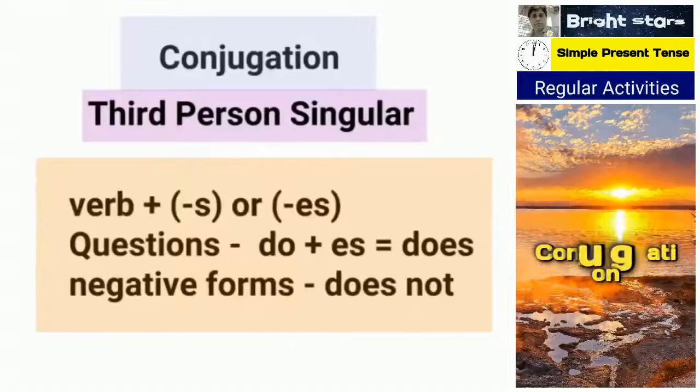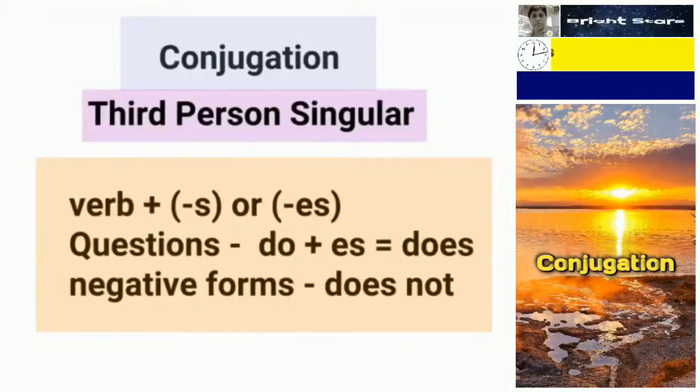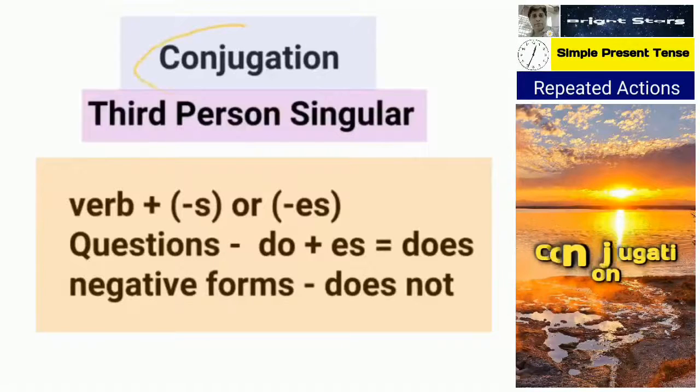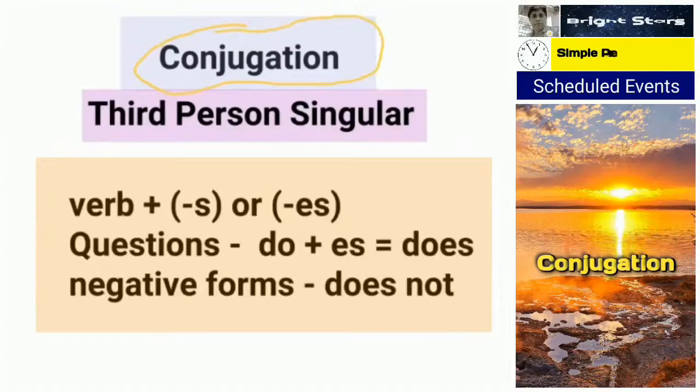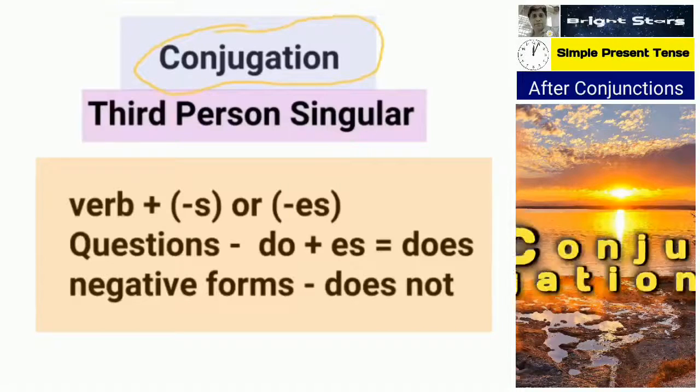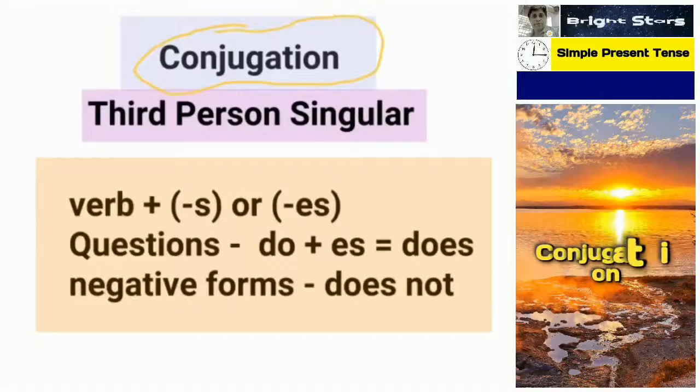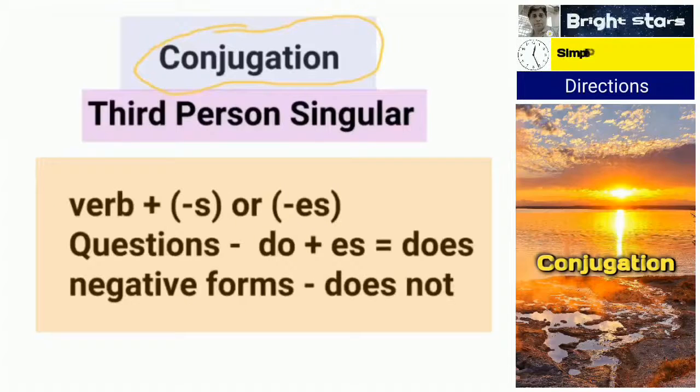Next, conjugation is very important in this aspect. Here conjugation means the combination of s. We join s to the main verb, and that is called conjugation. We use this for third person singular only. So you add s or es.